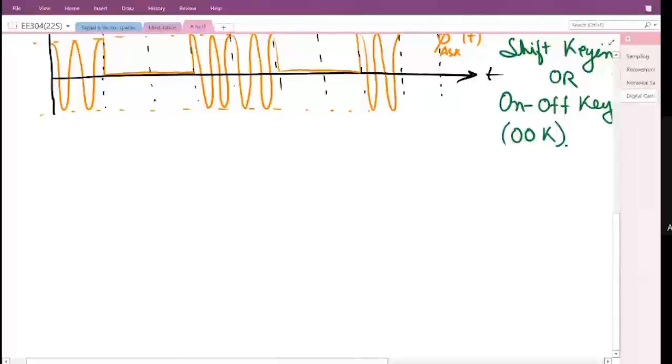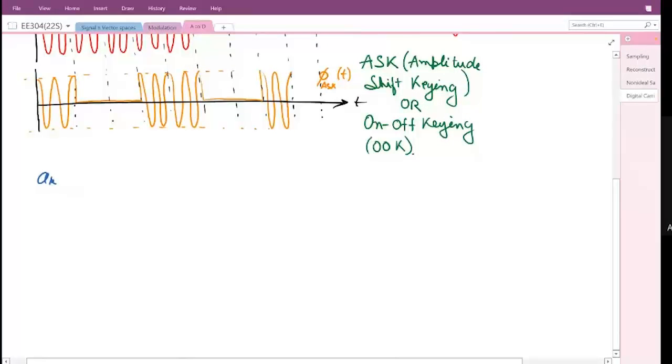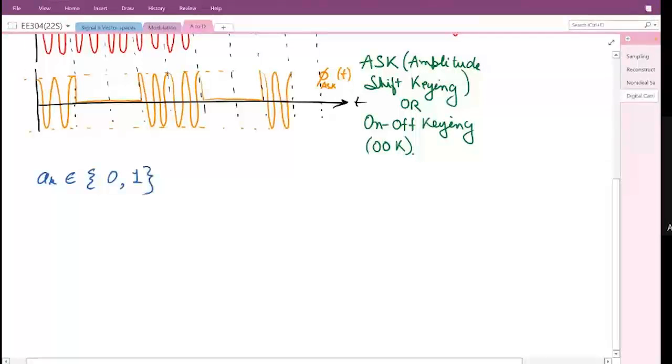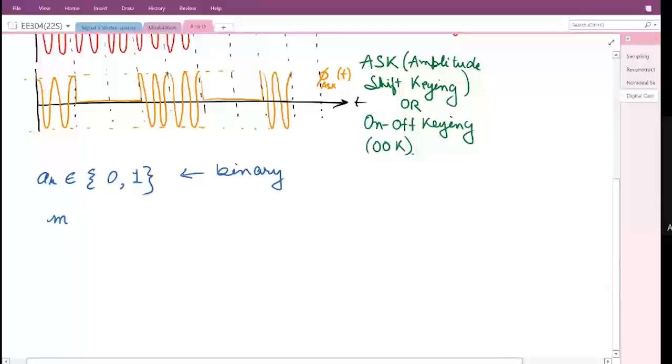So what we are saying is this a_k can take one of two values, either 0 or 1. Based on what value it takes, the message signal is generated. a_k is the binary input sequence.